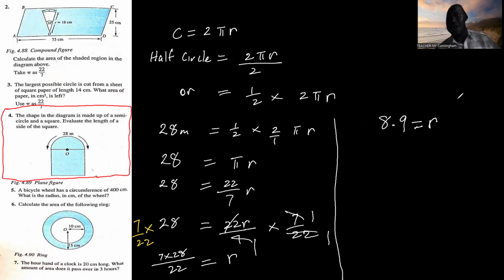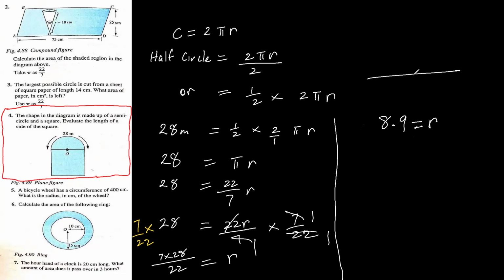But that's r, that's half, because we have the length of the arc, which was 28. Sir, I have a question. Would 28 meters be the circumference of the half circle?